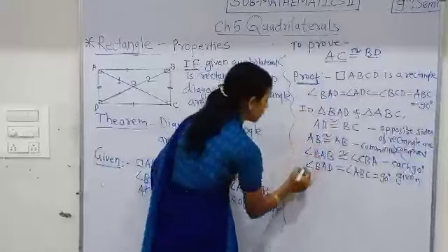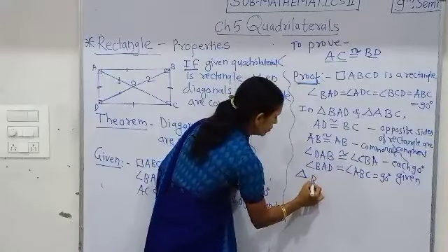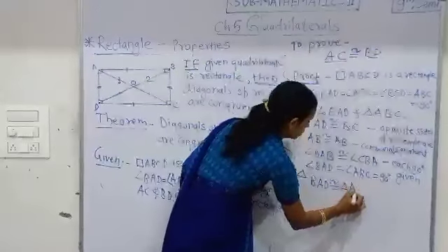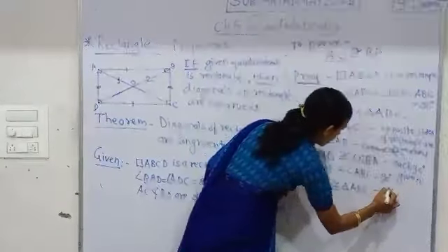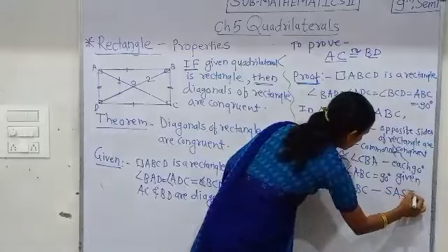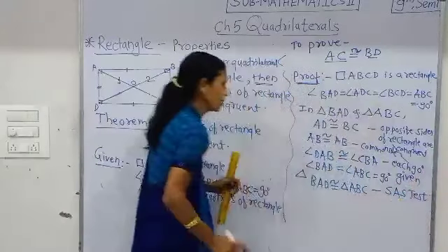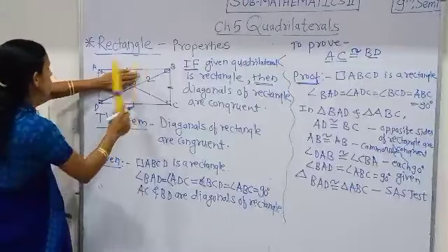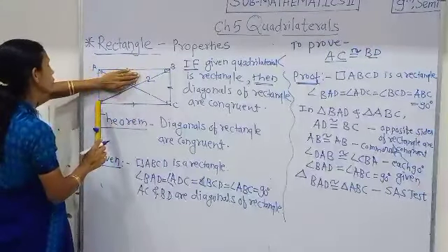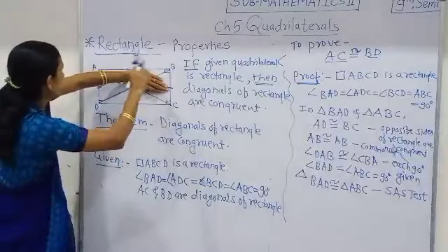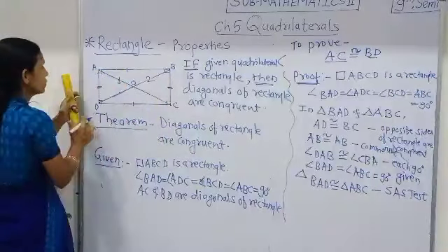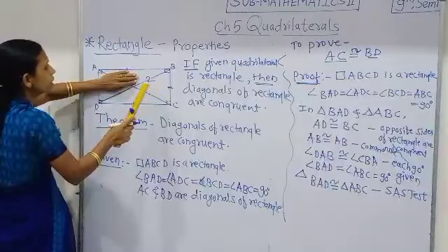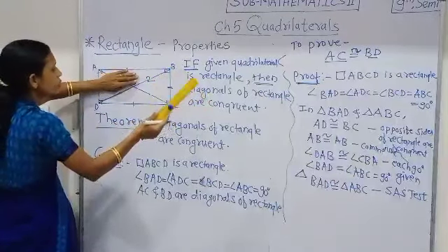Therefore, those two triangles, triangle BAD congruent triangle ABC by the SAS test. Therefore, the remaining corresponding angles and corresponding sides of those two triangles are also congruent.